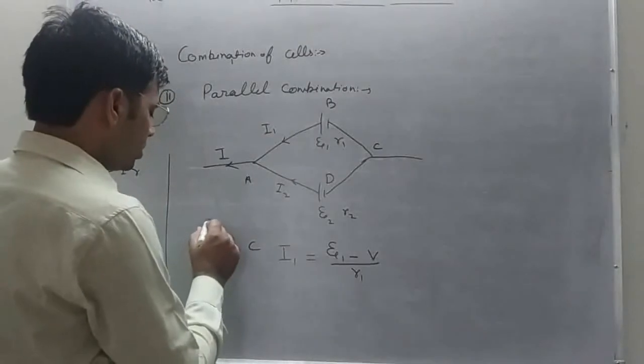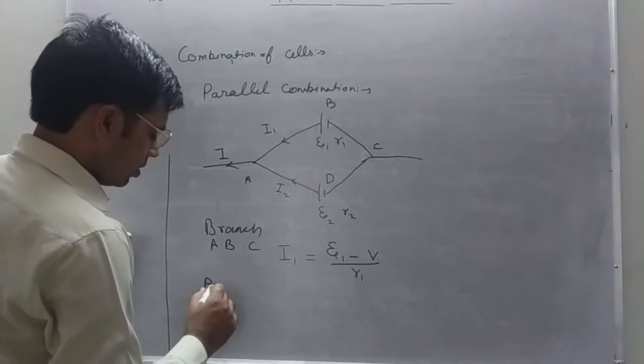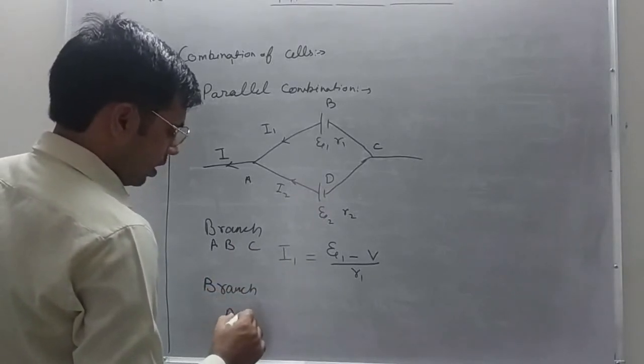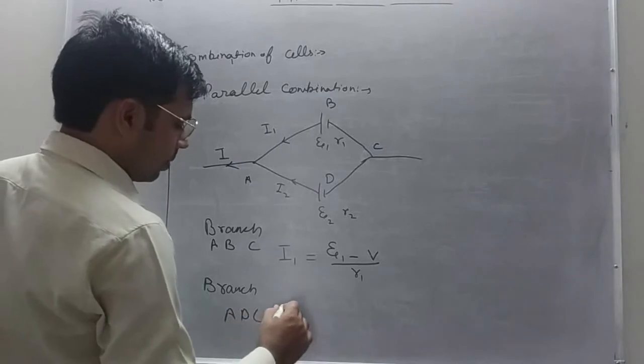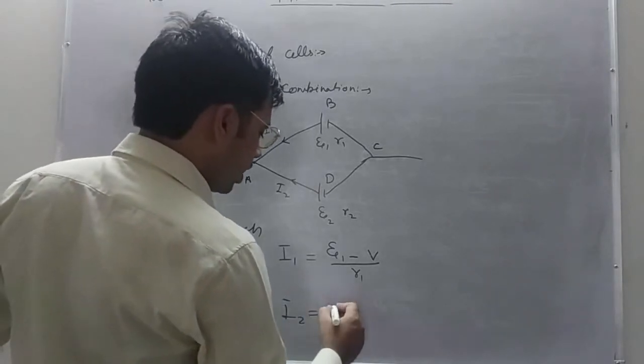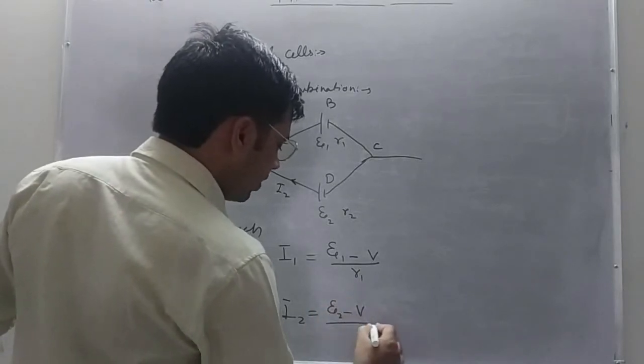Similarly, through branch A, B, C, current I2 is flowing, so we can write down the equation for I2: it is E2 minus V divided by R2.